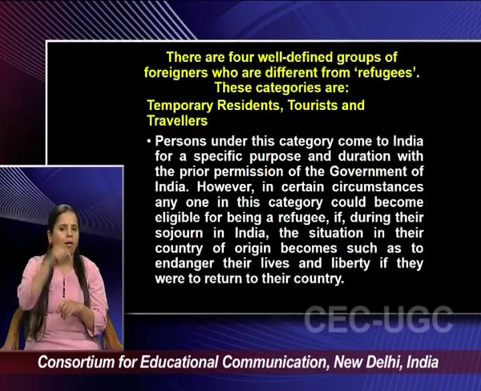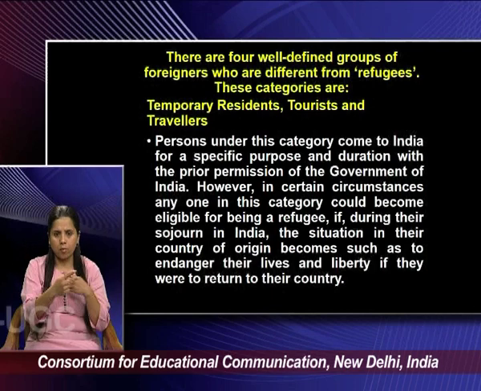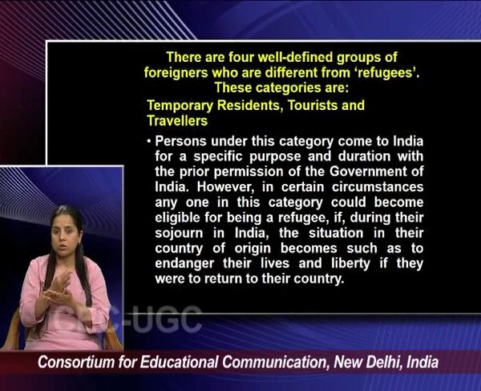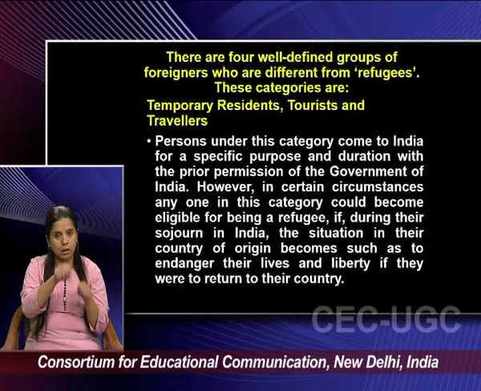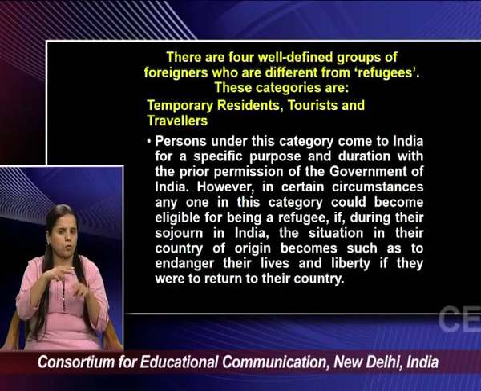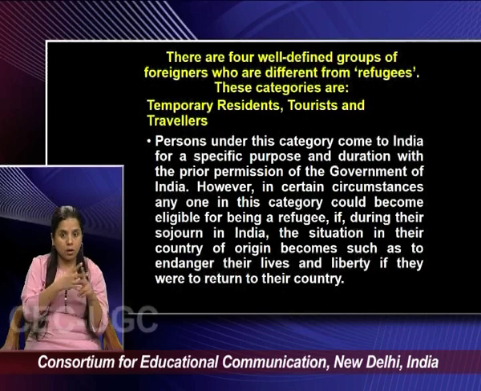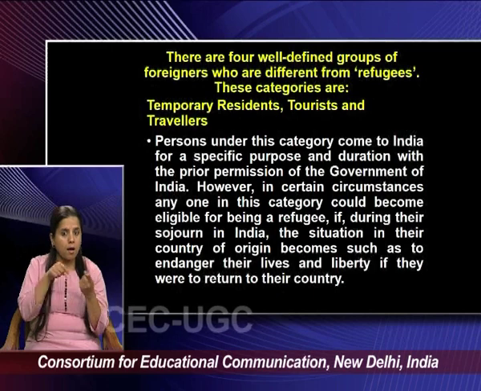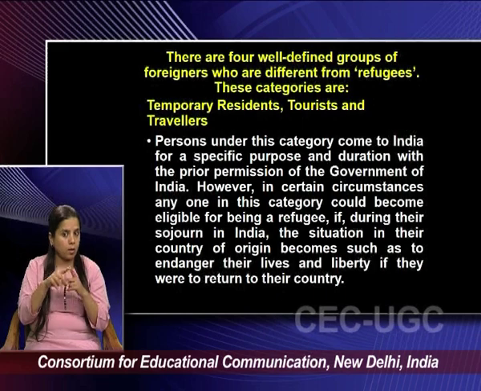Persons under this category came to India for a specific purpose and duration with the prior permission of the government of India. However, in certain circumstances, anyone in this category could become eligible for being a refugee if during their sojourn in India, the situation in their country of origin becomes such as to endanger their lives and liberty if they were to return to their country.